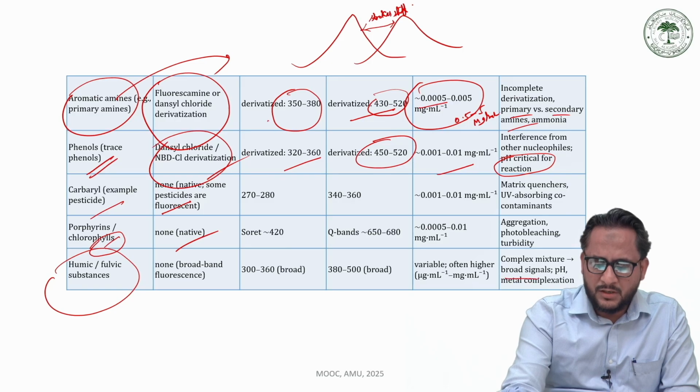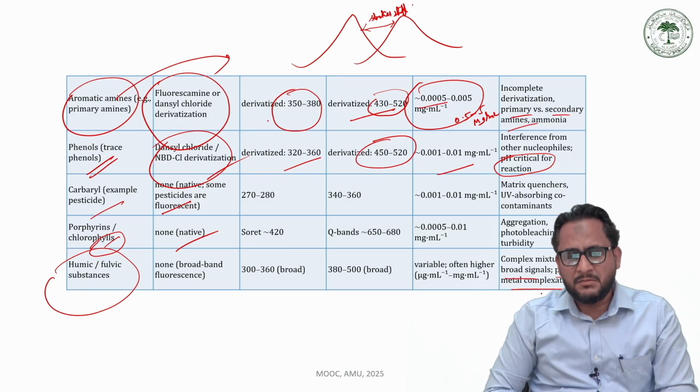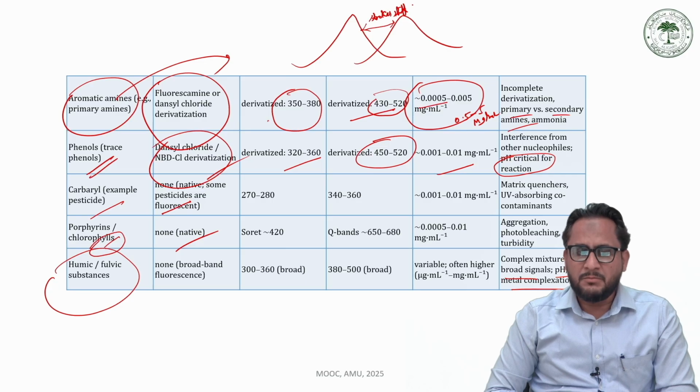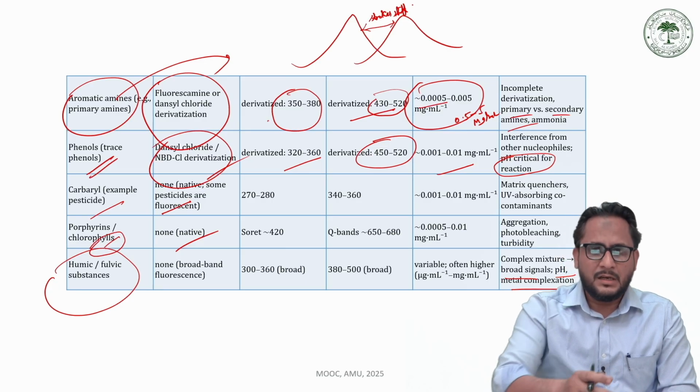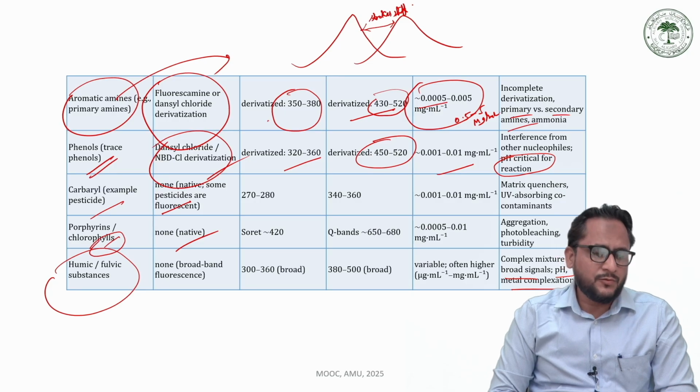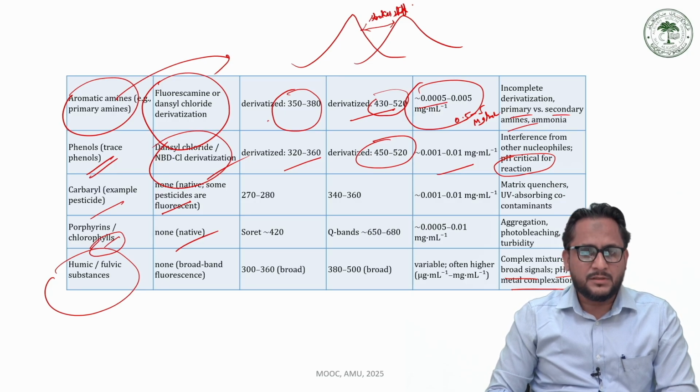Although there is some broadening of signal and pH effects, sometimes metal complexation, we can minimize these with careful sample preparation and experimental analysis. And this way we can detect a large range of organic molecules that belong to fluorescent and non-fluorescent systems through fluorescence.